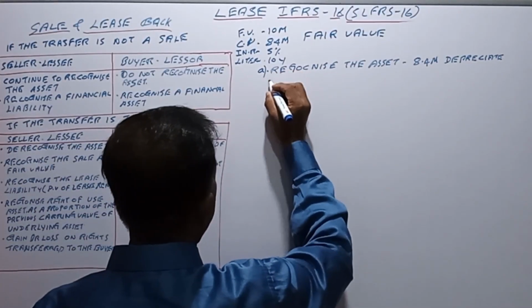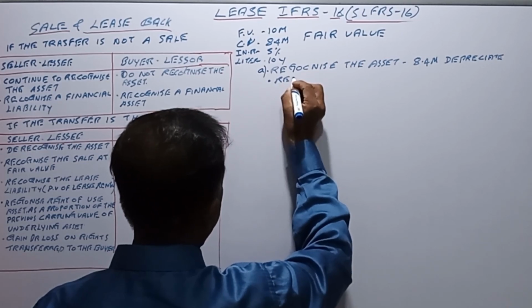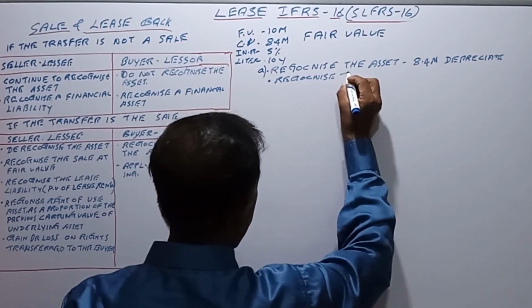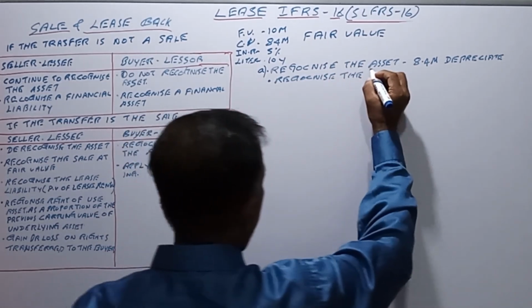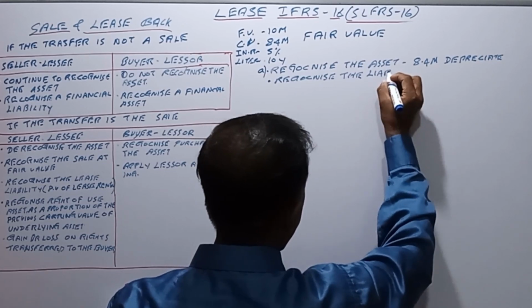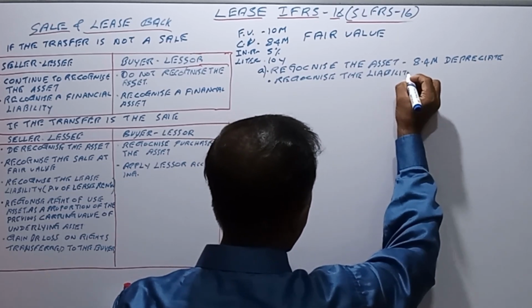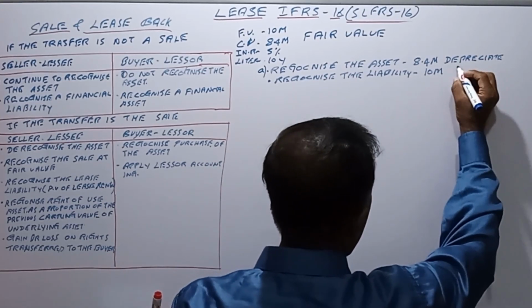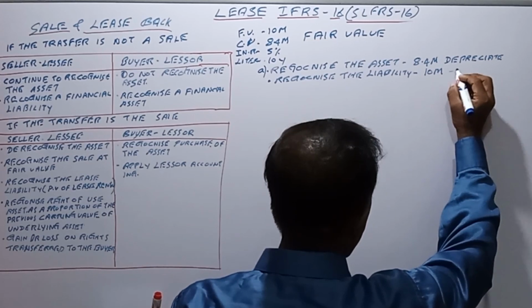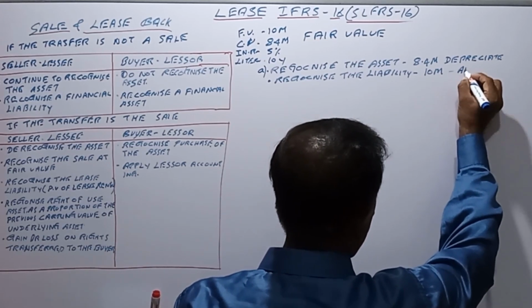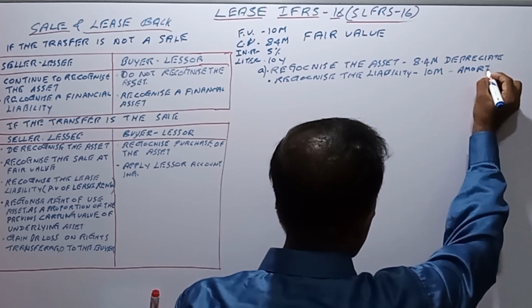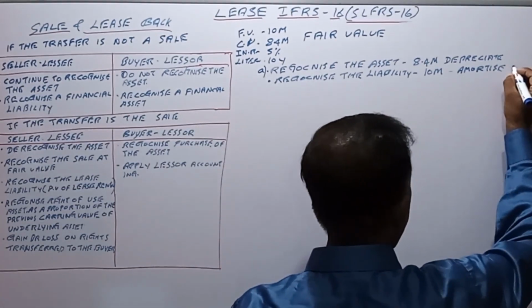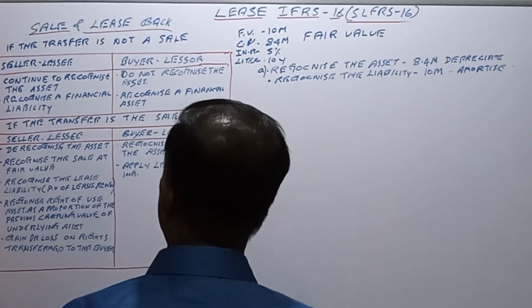Second one, recognize the liability at 10 million and amortize it, amortize the cost.